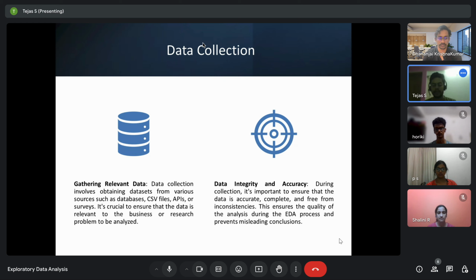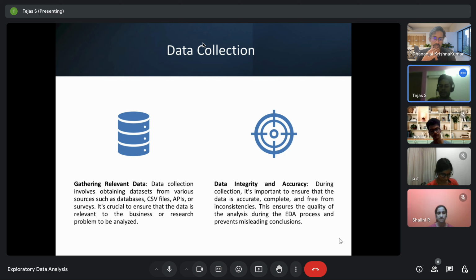And during the collection, it is important to ensure that it is accurate, complete, and free from any inconsistencies. Of course, in the next step, we'll be doing all of this. But initially, we hope that the data is completely free from any errors, so that it prevents any misleading conclusions.